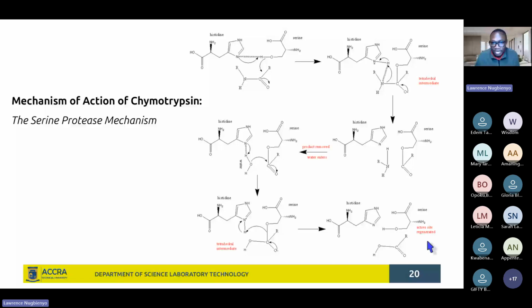But as a matter of fact, there are step-by-step processes that occur. It's fast, but these are mechanisms by which these reactions occur. All right. You are not doing a biochemistry major, so don't worry so much about this.